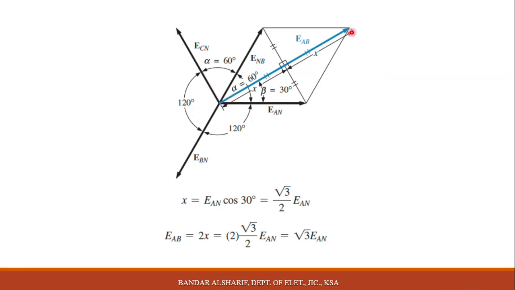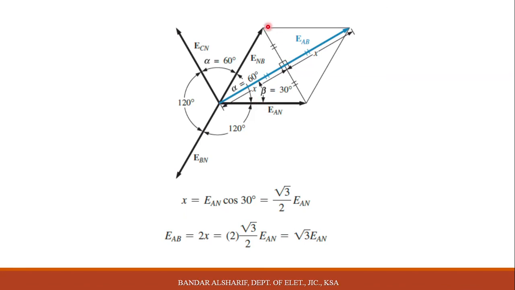We draw only one line value, which is EAB, between EAN and ECN, 120, 60 plus 60. And here between EAN and EAB, it is 30 degrees, since 60 divided by 2 gives the beta angle between the line and phase, 30 degrees.